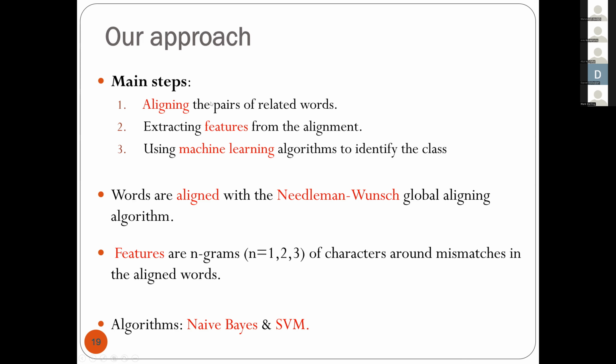For the aligning part, we used the Needleman-Wunsch global aligning algorithm. Okay, we can say this is an old aligning algorithm from the 70s, the last century. The Needleman-Wunsch works okay. It was invented for bioinformatics.